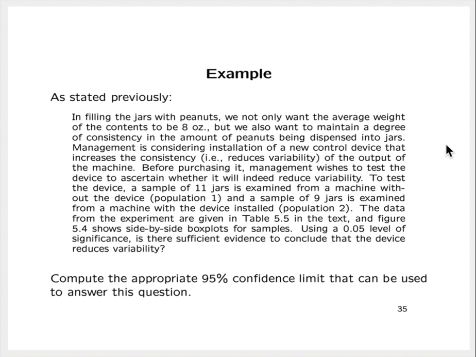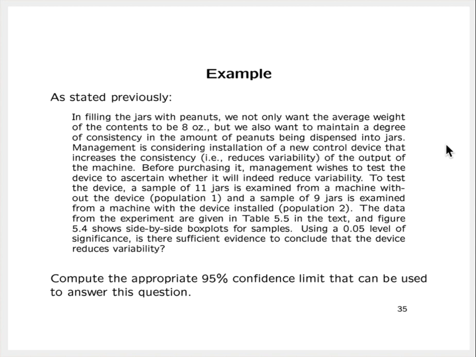However, before purchasing the new control device, management wishes to test the device to ascertain whether it will indeed reduce variability. Now, to test the device, a sample of 11 jars is examined from a machine without the device, so that's a sample from what we'll call population 1, and a sample of 9 jars is examined from a machine with the device installed. That's a sample from what we'll call population 2.